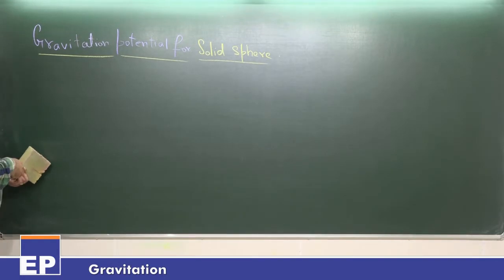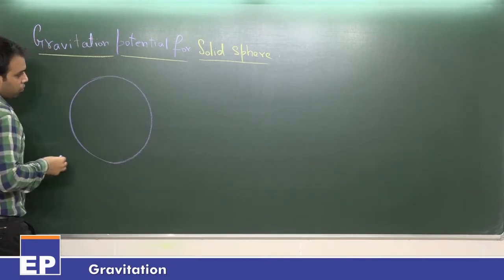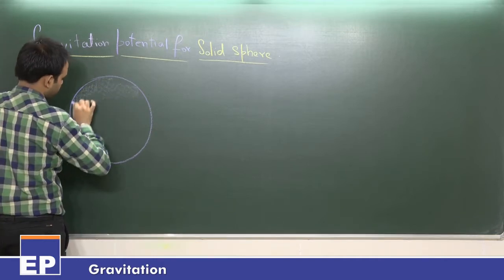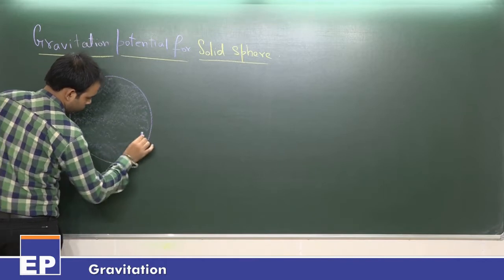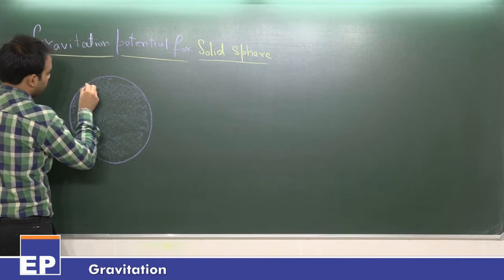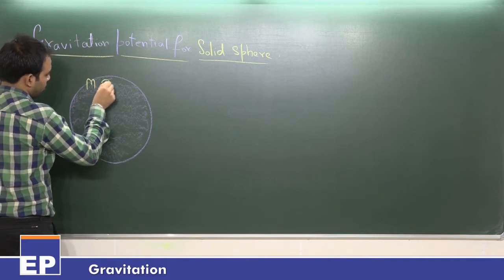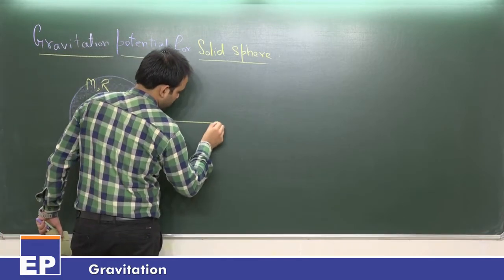If we calculate for the solid sphere, this is a solid sphere. Let's suppose the mass M is filled in it, having radius capital R. From the center, I have taken 3 points.